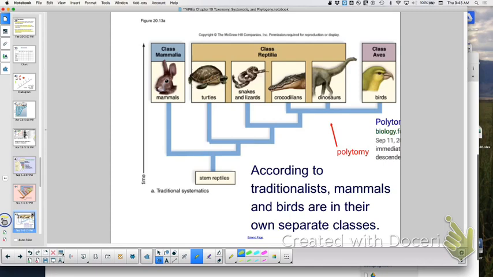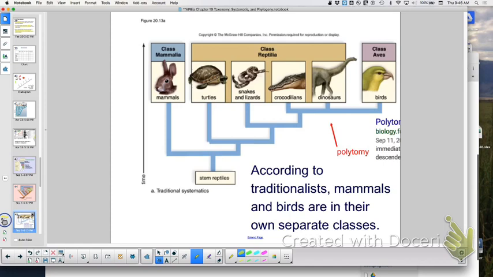Because according to traditionalists, it's class, we are class what? Mammalia, okay? Now, birds are given their own class, Aves. But it doesn't make any sense because they're really closer to what? Reptiles. But traditionalists looked at reptiles, they looked at birds, they're like, they're different, okay? So they gave them their own class, and they really shouldn't have.